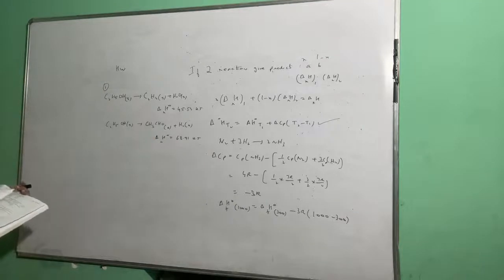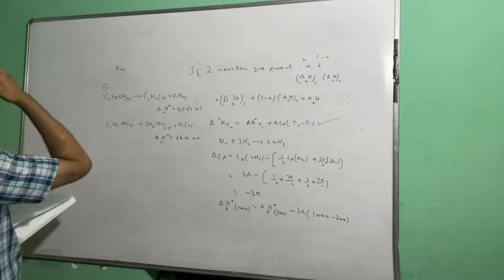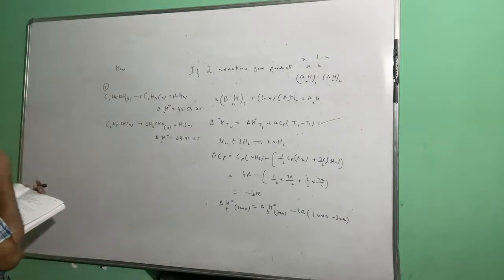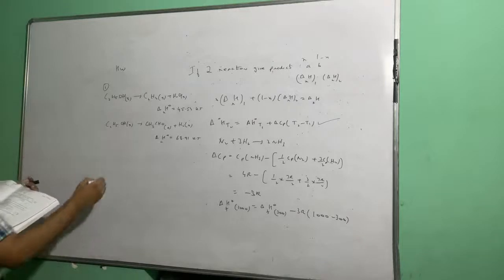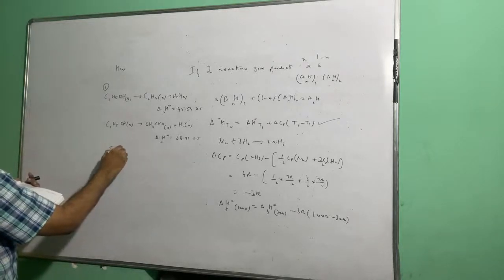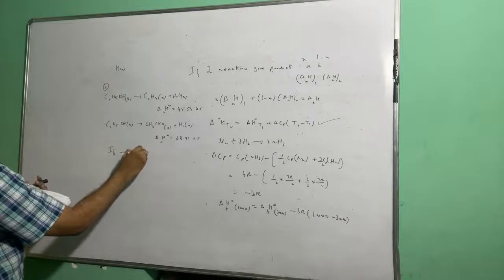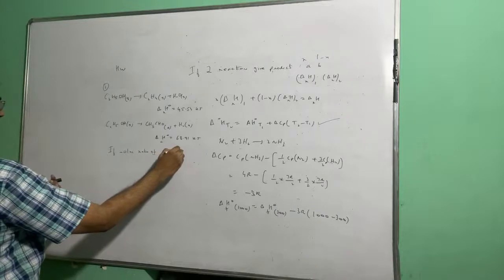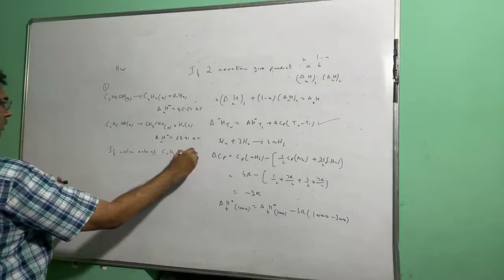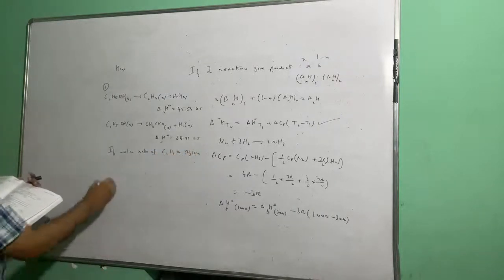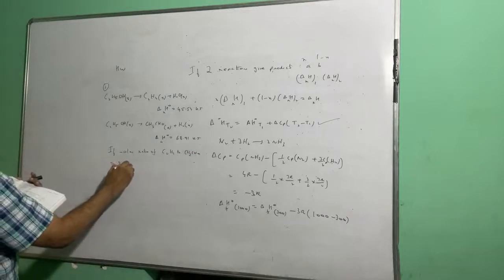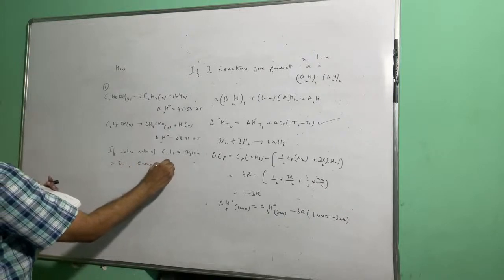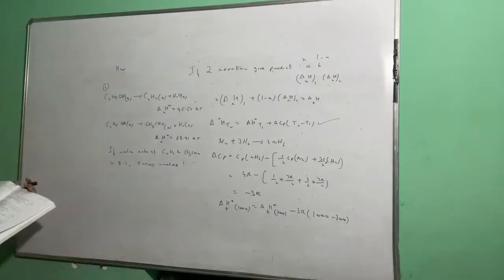Question number 1. There is a reaction. Ethanol is decomposing to give this product, and secondly it is decomposing to give this product. If the molar ratio of C2H4 to CH3CHO is equal to 8:1, then what is the energy involved?